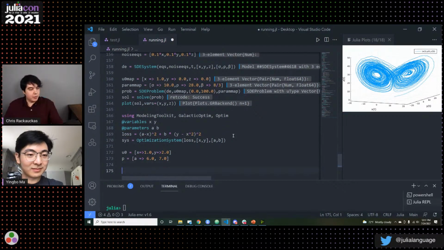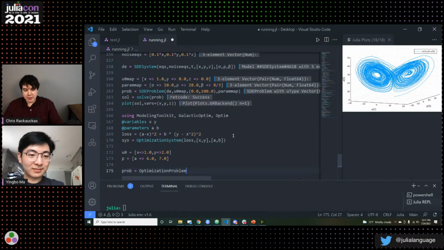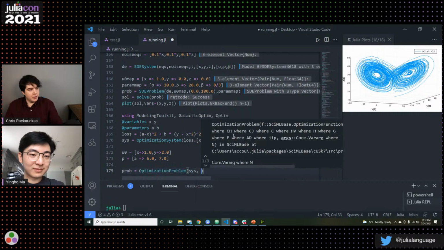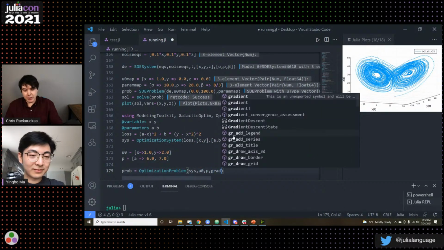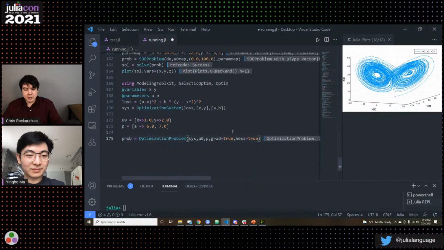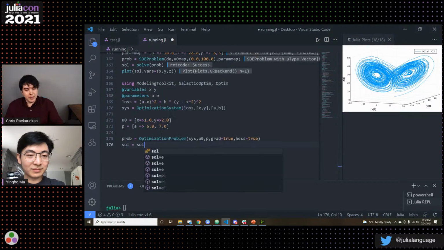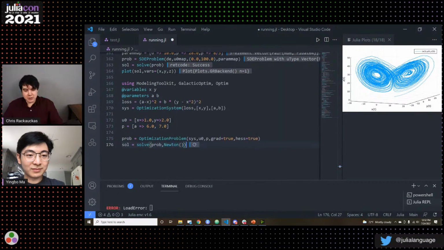And now we build a problem where this time it's an optimization problem, right? It's a different type, but it's the same idea here. The argument orderings and all that are the same. And like what Yingbo showed, we can generate Jacobians and gradients and Hessians. So let's actually tell it to generate the analytical solution to those gradients and Hessians, so that way we can use a Newton solver using our Hessian functions.